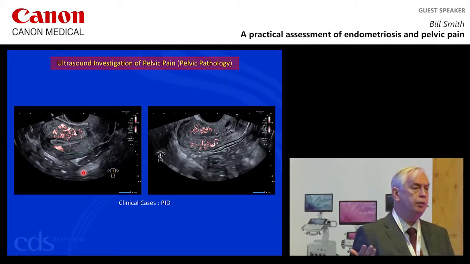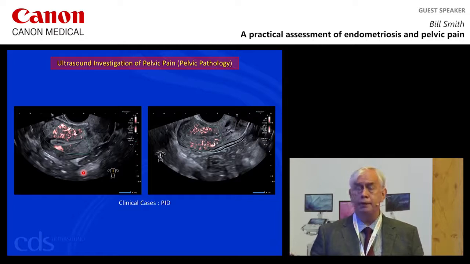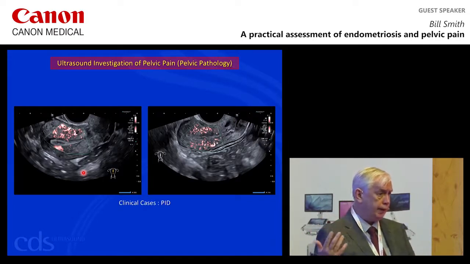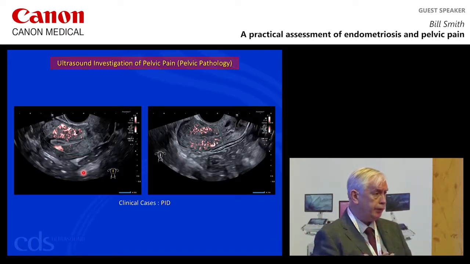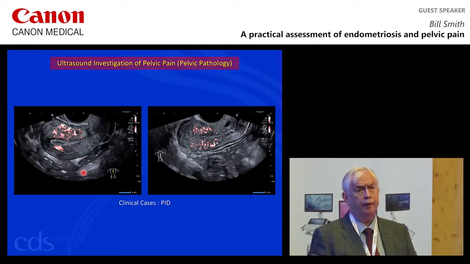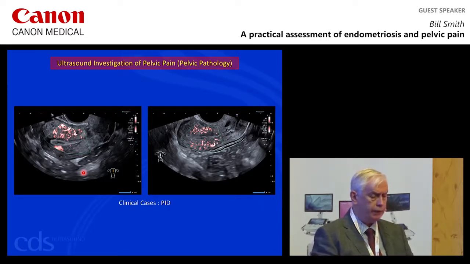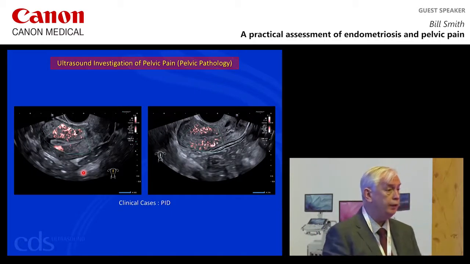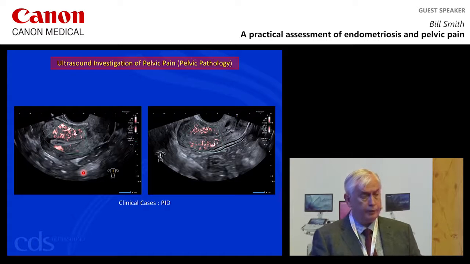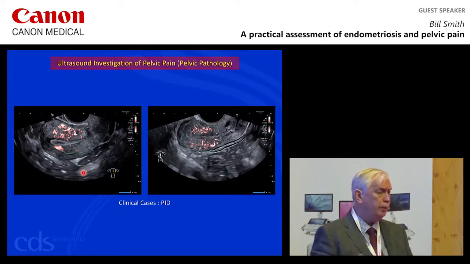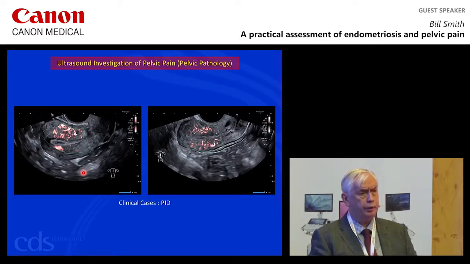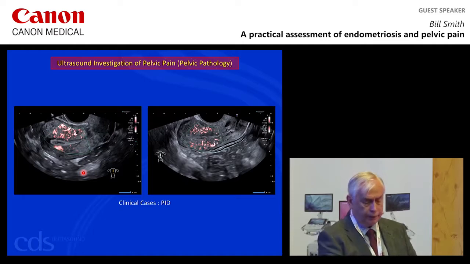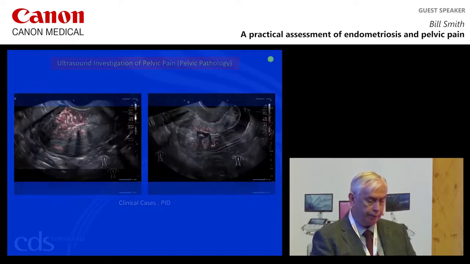If you take someone with estrogen dominance, then you will get the same changes, and those patients will suffer similar clinical symptoms to patients with infection, or indeed patients with adenomyosis. So again, the color Doppler is very, very useful to us in looking at myometrial vascularity.